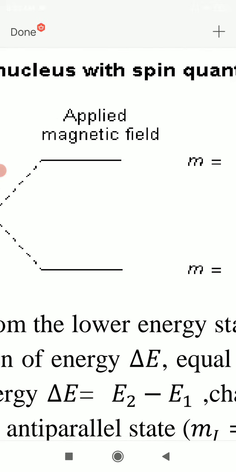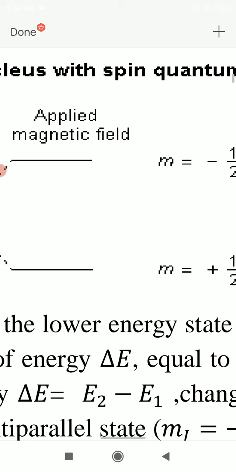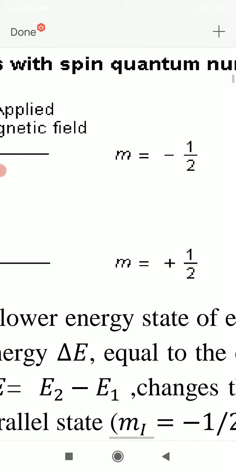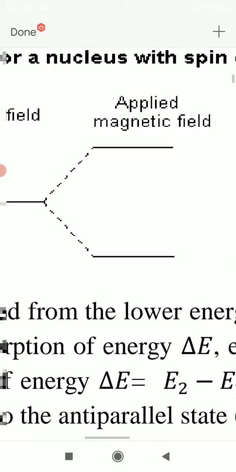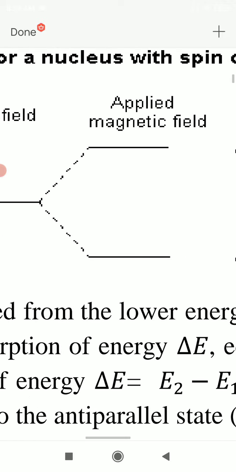Upper energy level is for value of Mi equal to minus half, and lower energy level is for value of Mi equal to plus half. When Mi is plus half, energy is negative. When Mi equal to minus half, energy is positive.